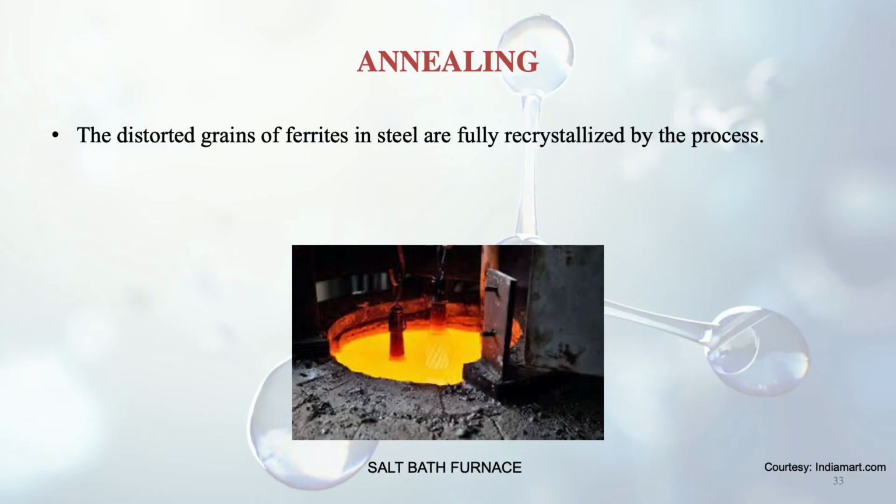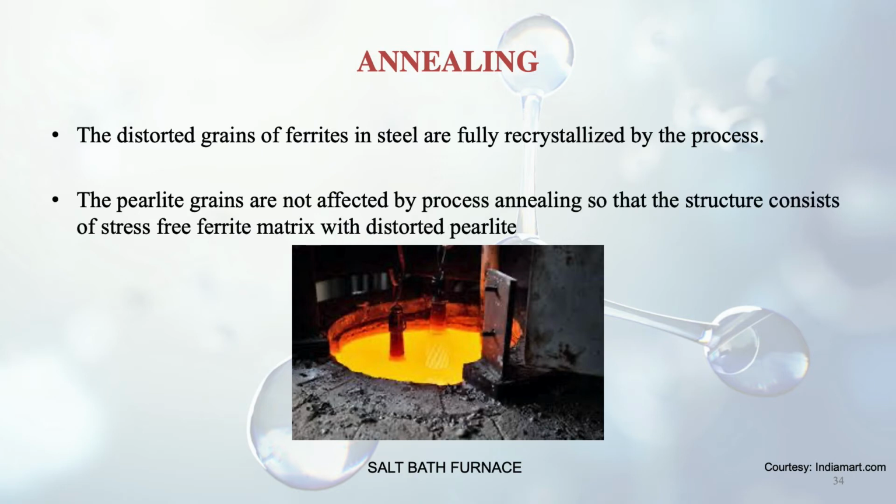The distorted grains of ferrite in steel are fully recrystallized by this process of annealing, which is called process annealing. The perlite grains are not affected by process annealing, so the structure consists of a stress-free ferrite matrix with distorted perlite. So by process annealing, what are we getting? We are getting a mixture of stress-free ferrite and distorted perlite. So we were talking about stress-free things. Here this process annealing is giving us the stress-free ferrite and perlite.